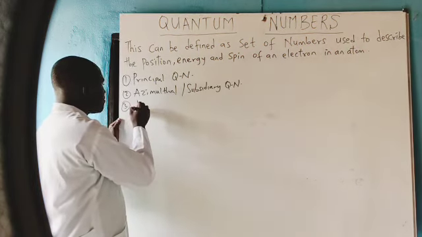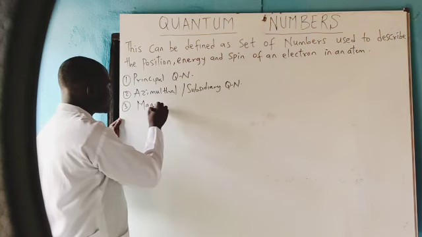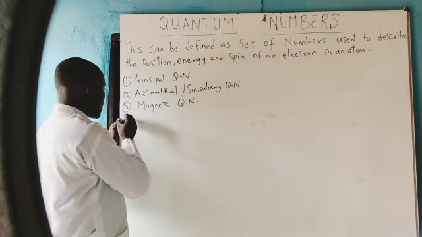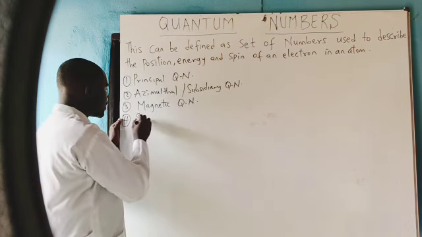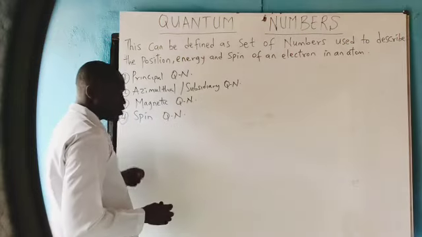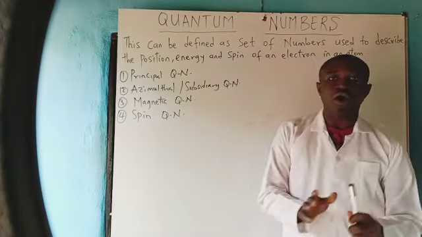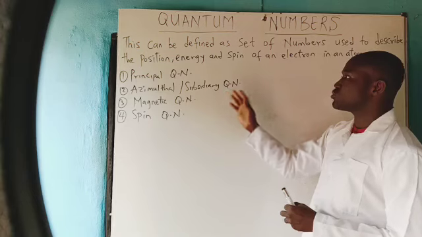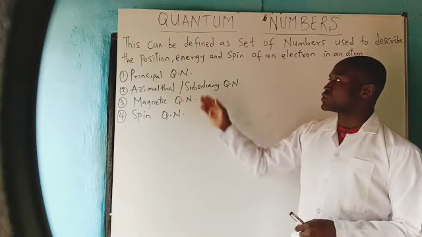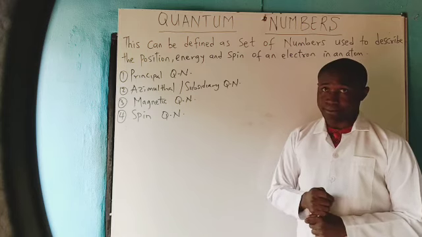Three, magnetic quantum number. And four, spin quantum number. So these are the four types of quantum number we'll discuss in this video. We'll start one after the other.